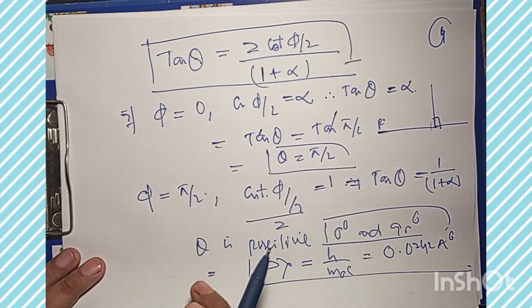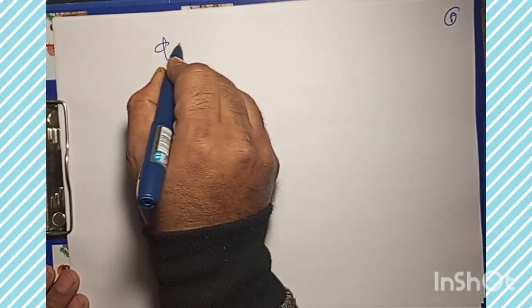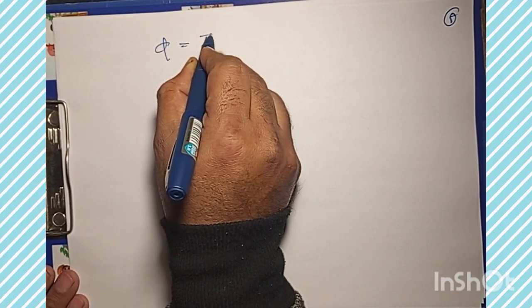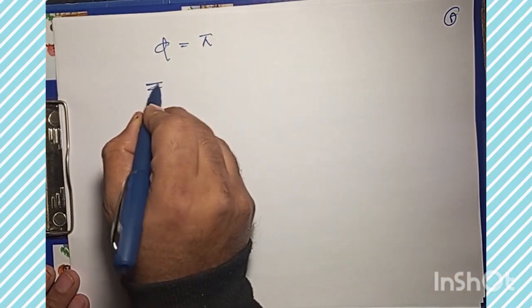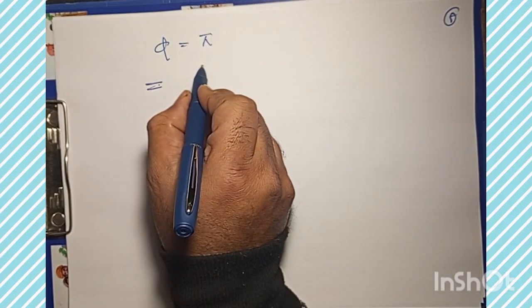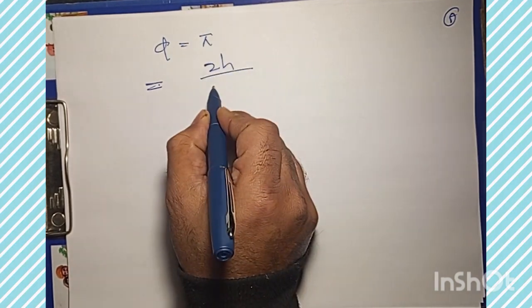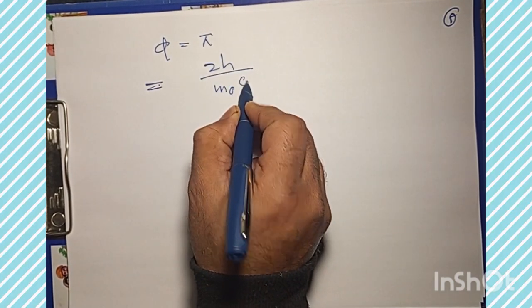Now, if we take another case, say we'll take phi equal to pi. Now, in this case, what's going to happen is we will be getting 2 times h by m naught c.